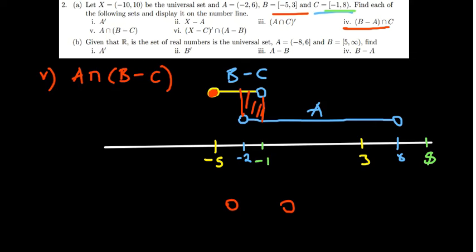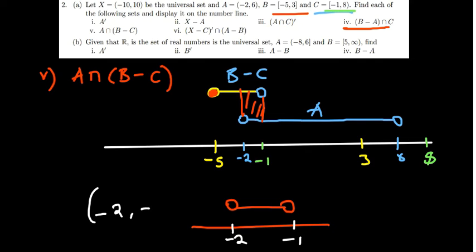Okay, yeah, that's still fine. So the answer still remains -2, -1. Of course they're not shaded at both points. Yeah, so that's the way you're looking at this one.